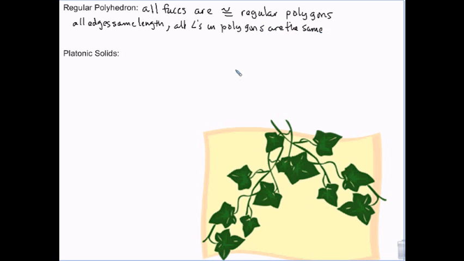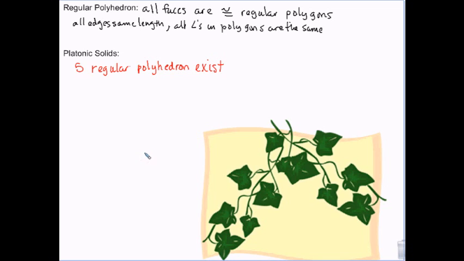Okay. And what you get are 5 of them. That's it. There's only 5 in the millions of possible polyhedron that can be made.